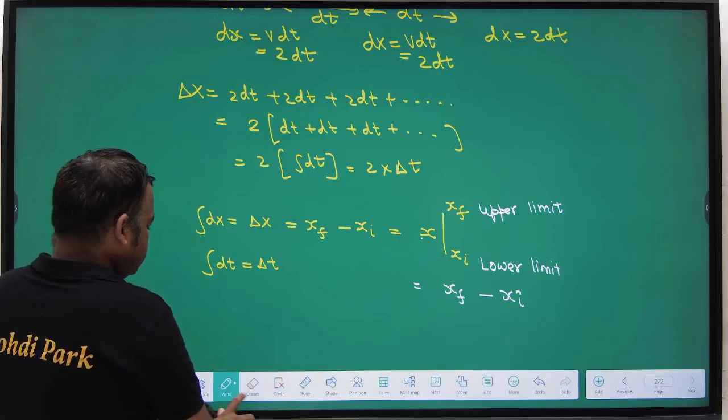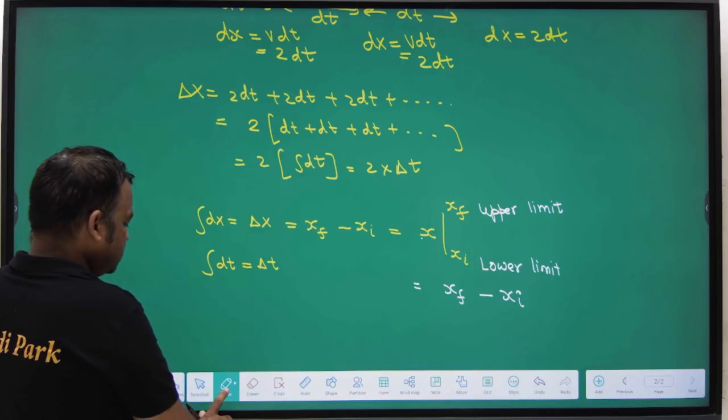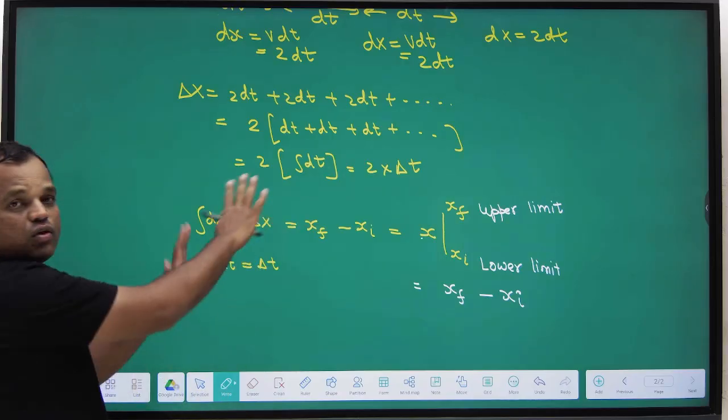Next, what if the velocity is not constant? So basically this is the constant velocity.